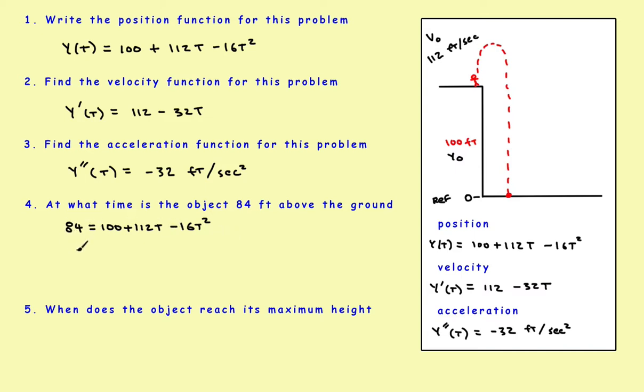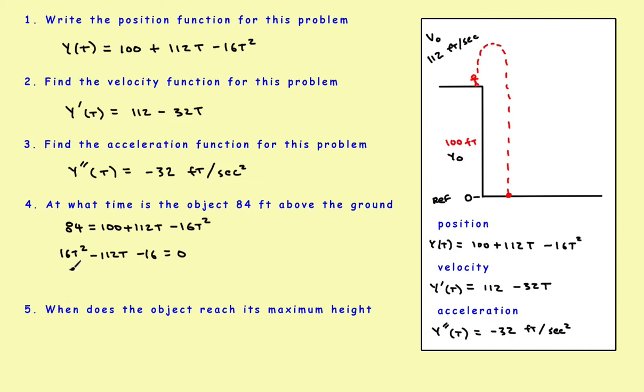Now, if you were to move everything over to this side, you'd have this. This would be 16t squared. Then you'd have minus 112t, and subtracting 100 from both sides would give you minus 16 is equal to 0. So move everything over to this side. Now that's just really a quadratic equation.